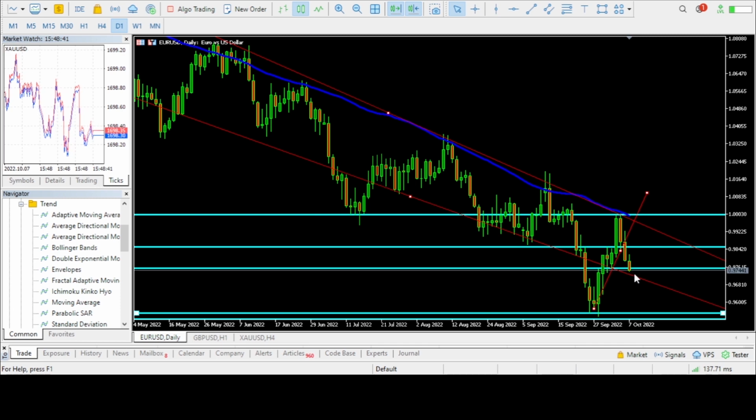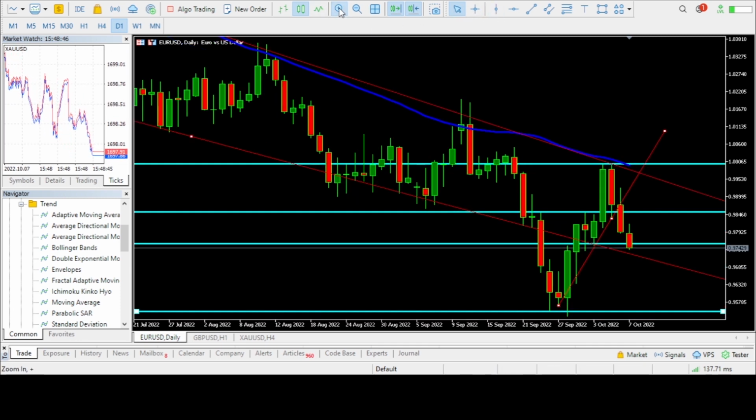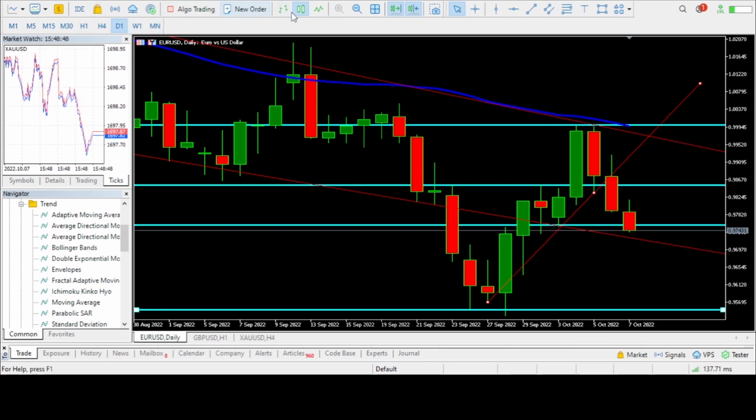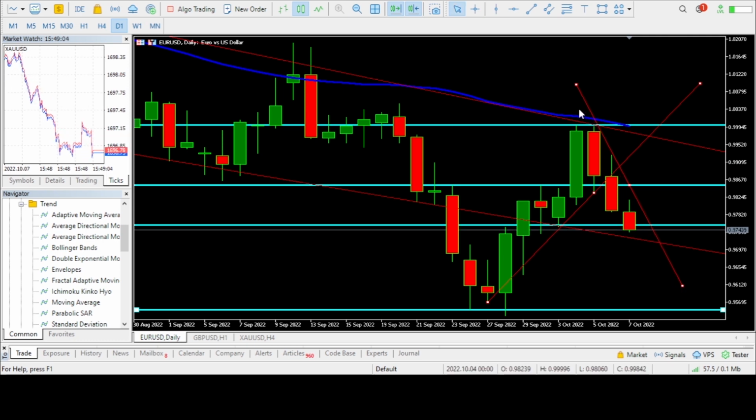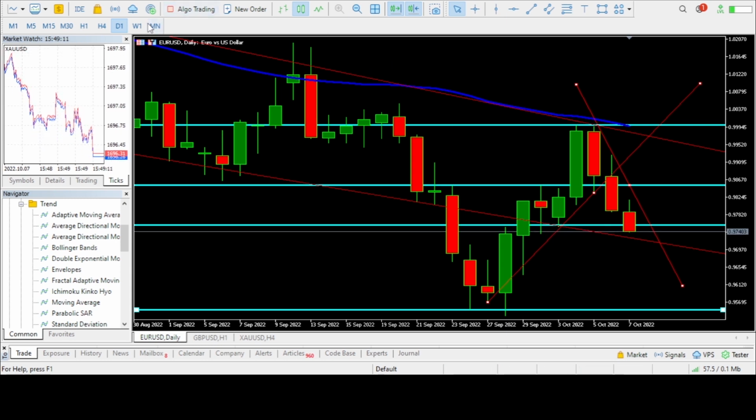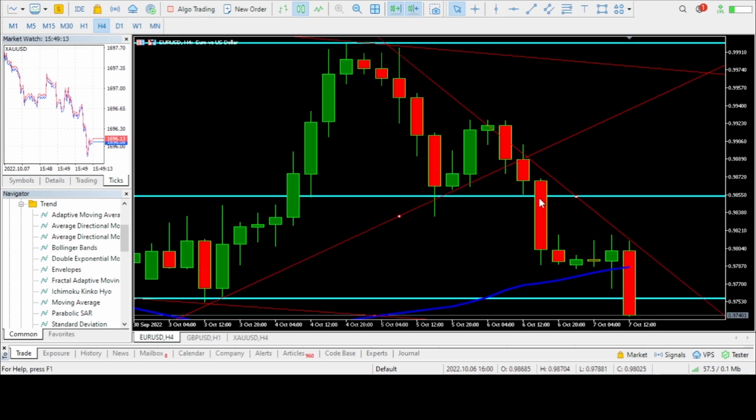But if you're on the bull side, maybe you're looking to buy, you do not expect to enter a buy except the market breaks this trend line here. You see this steep trend line I put here now. If the market breaks through this steep trend line, then we can enter a buy. But for now, what we're looking for is how to sell.